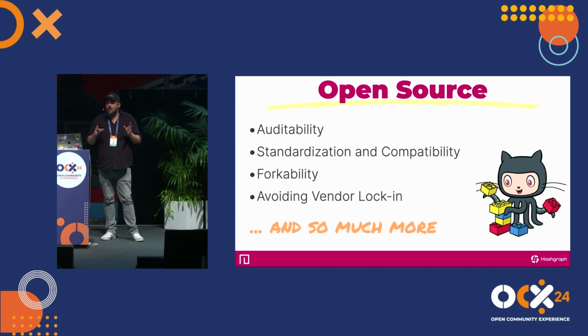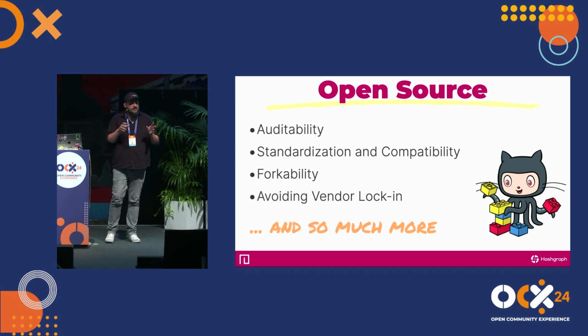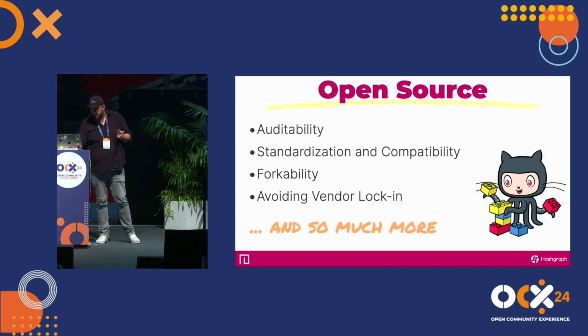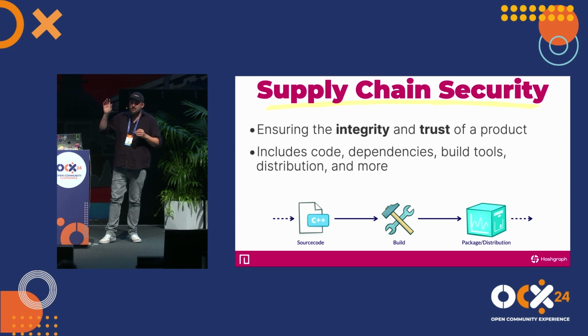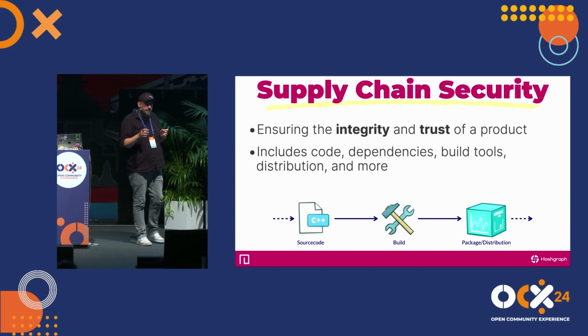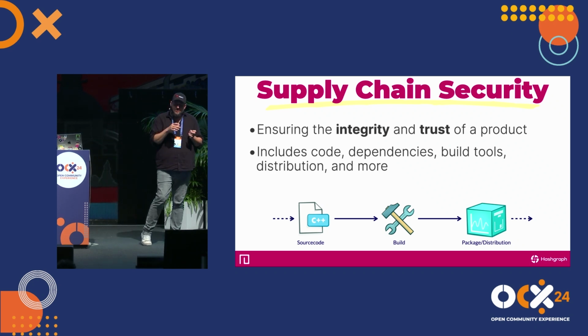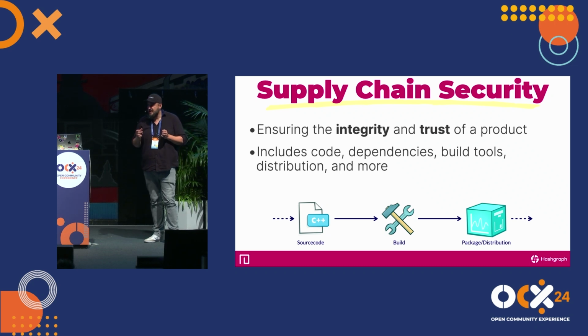I would say all those things that are interesting for open source projects are really important for such a system. As is the supply chain security. So there are a lot of sessions about supply chain security here at the conference. And for such a network, like for everything else, it's super important.